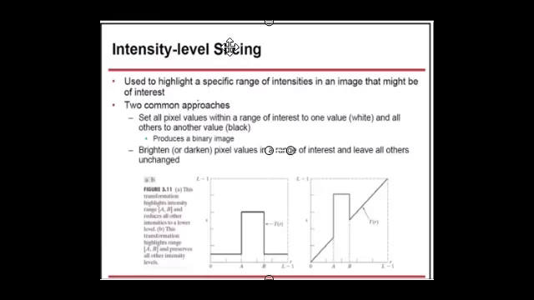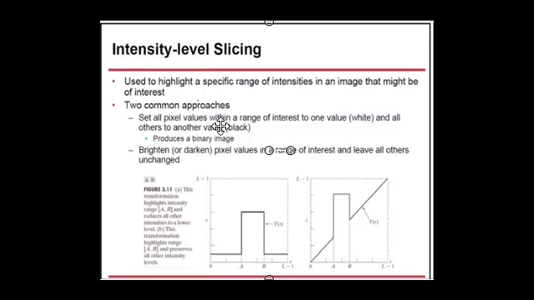Intensity level slicing means we are given some specific range of intensities, so we have to highlight the intensity that is in our area of interest. The graph variation is shown below. There are two main approaches.